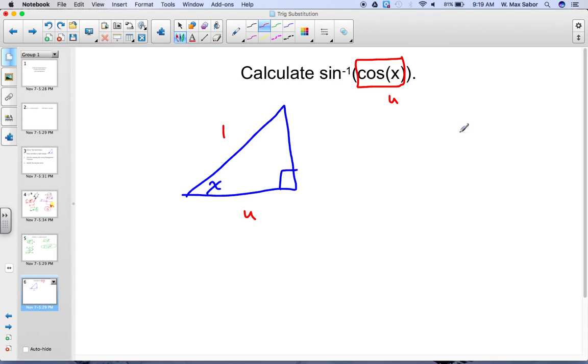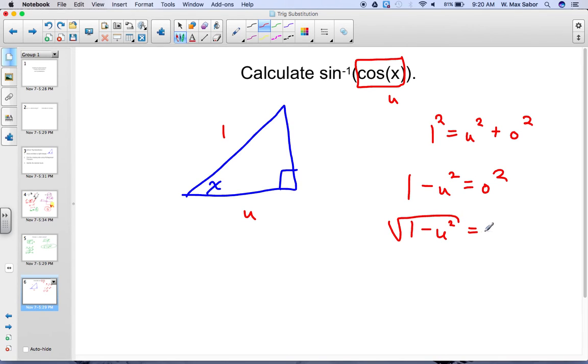And then whatever that is, we have, let's see, Pythagorean theorem says 1 squared equals u squared plus the opposite squared. So we have 1 minus u squared equals opposite squared. Square root of 1 minus u squared equals the opposite.